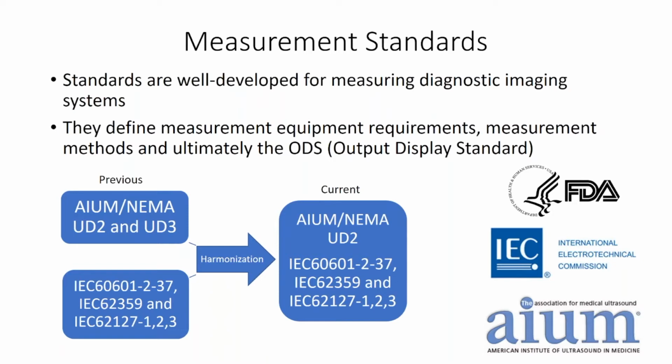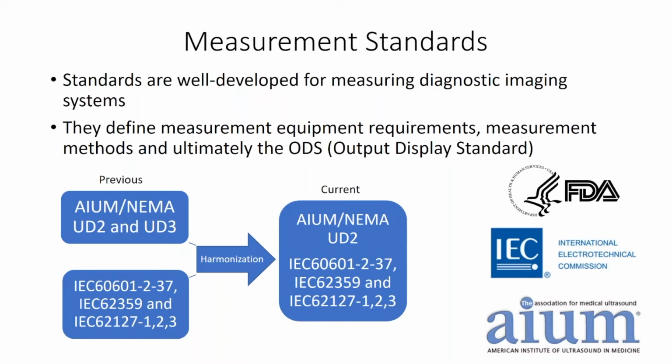At a later time, with the goal of providing operators more flexibility in the acoustic output used for measurements, the output display standard was developed. It was originally documented in AIUM NEMA document UD3. The ODS defines the display of acoustic output parameters, giving operators acoustic output information.